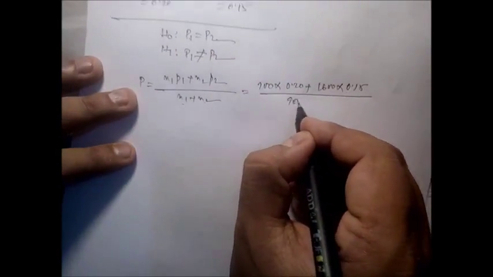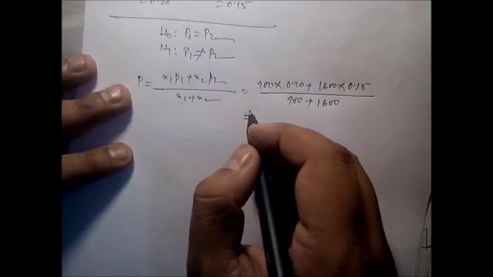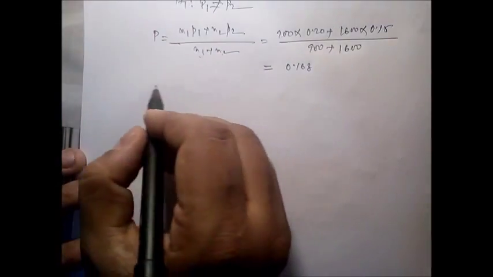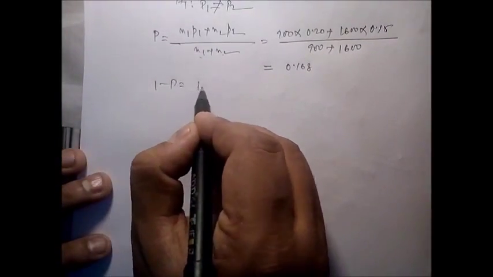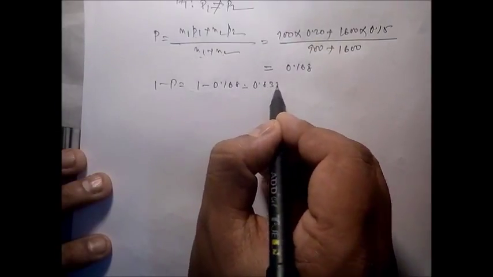N1 is 900, P1 is 0.20, N2 is 600, P2 is 0.15, divided by N1 plus N2, 900 plus 600. Its value is 0.168, and 1 minus P is 1 minus 0.168, that is 0.832.